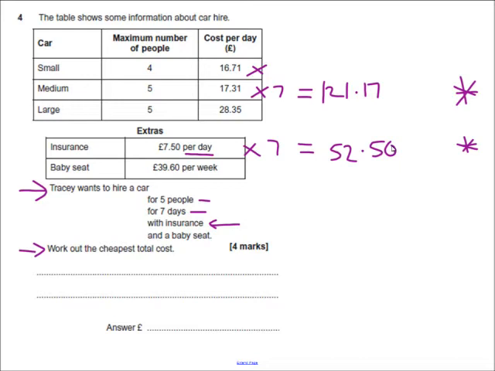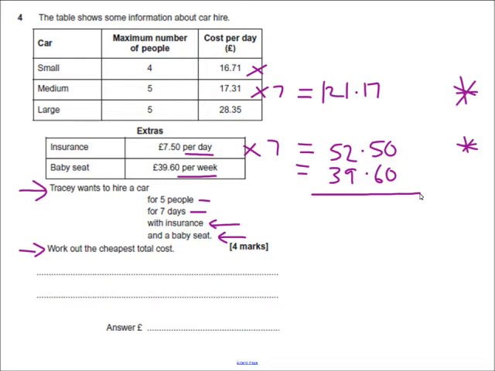And then finally we need a baby seat, and this is per week, so we only have to add the £39.60 to what we already have. Again, using a calculator, make sure you don't make any mistakes and add your car hire to your insurance and your baby seat.